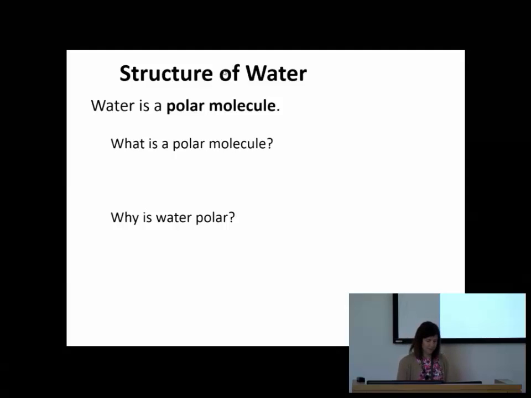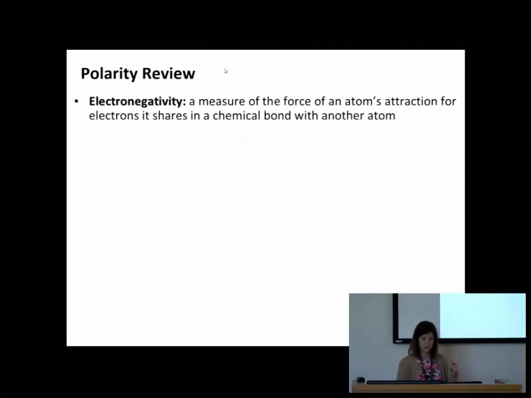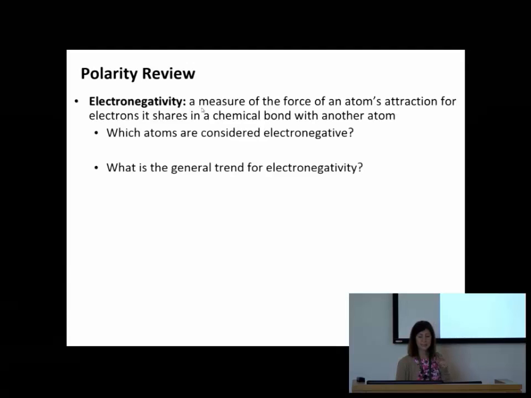Let's review polar bonds for a moment. I want to review electronegativity a little bit more. So remember I said some elements are bullies for bonding pair electrons. Which atom is considered the most electronegative on the periodic table?